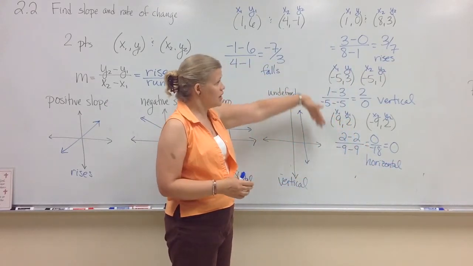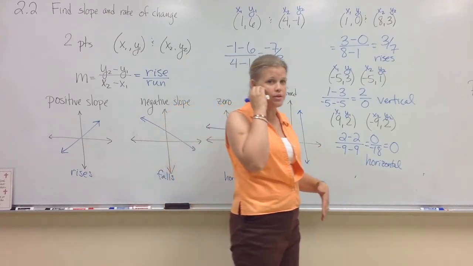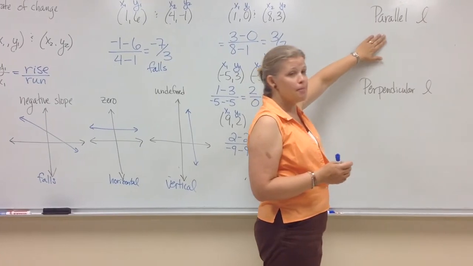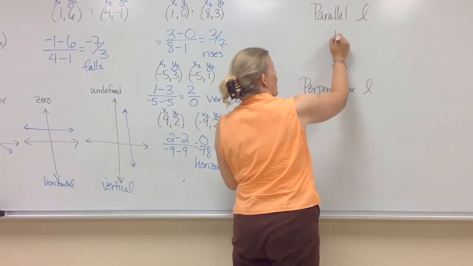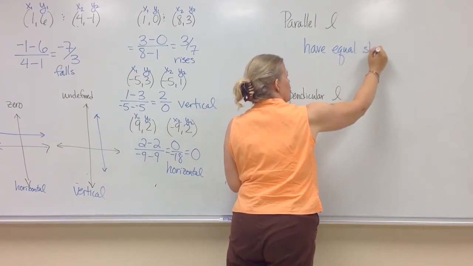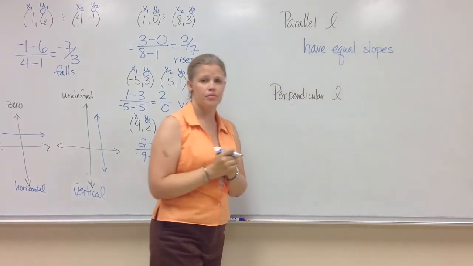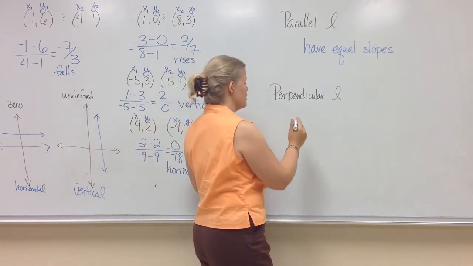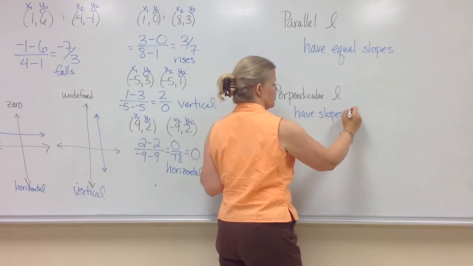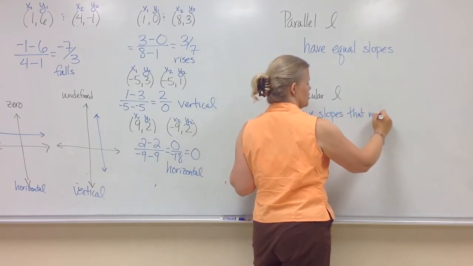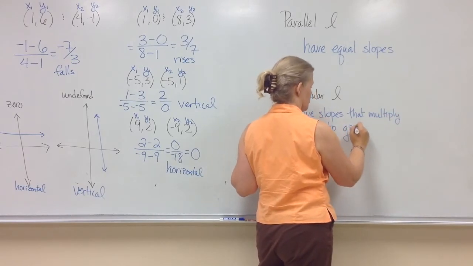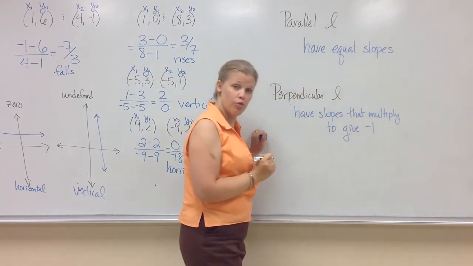We're going to use the idea of slope to judge something else. Okay? This also can go on your cards. Parallel lines have equal slopes. Okay? Perpendicular lines have slopes that multiply to give the answer -1.